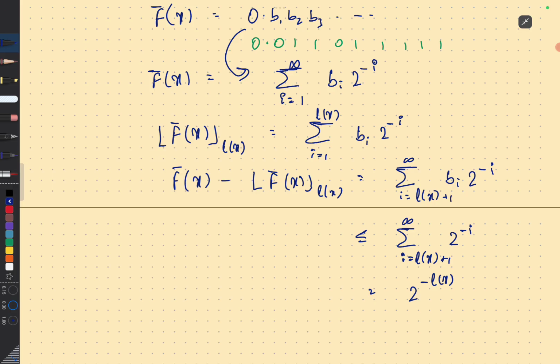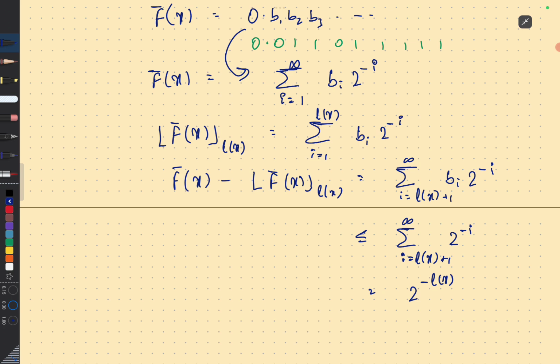So this is effectively the same as f bar of x truncated to L of x bits. And I can decode this in the following way. If I have the code word, then I can compute this particular quantity.